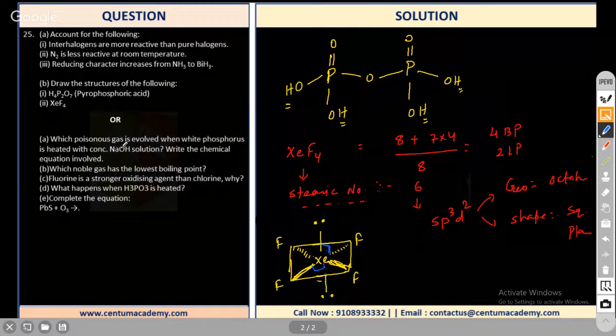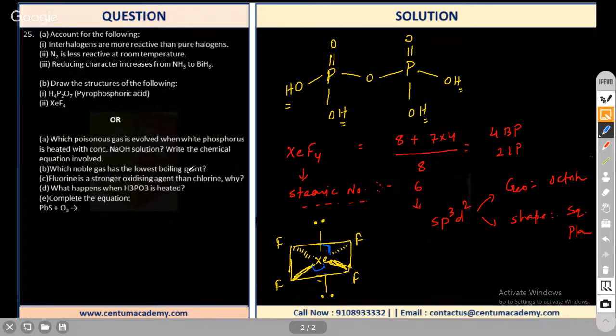Yes, PH3 is correct. Chemical equation is what? What is the other molecule we'll get? Correct.